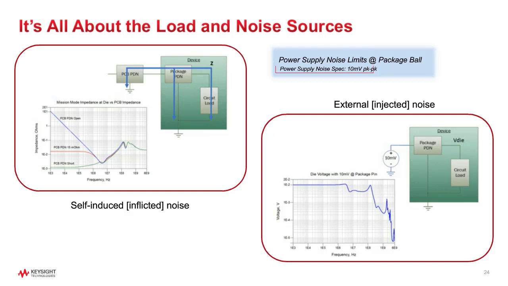The result of this simulation is shown in the log-log plot on the bottom right. At low frequencies, the 10 millivolt ripple noise is directly transmitted from the power rail to the transistor on the die. But at high frequencies, there is a low-pass filter effect that blocks the higher frequencies from getting through the package die power delivery network to the transistor at the die.